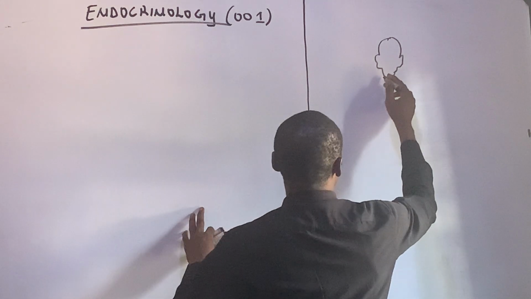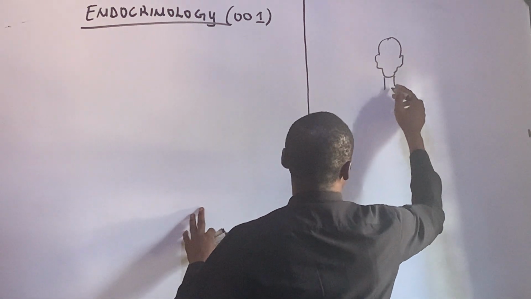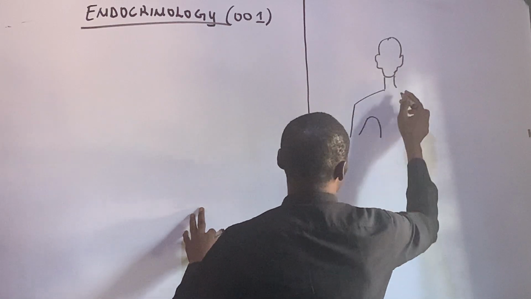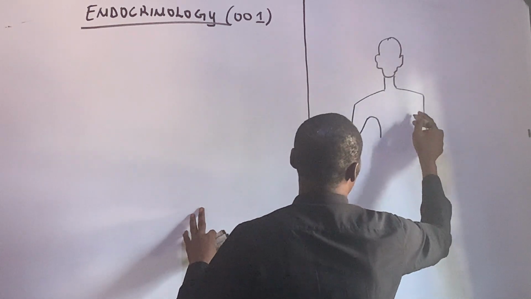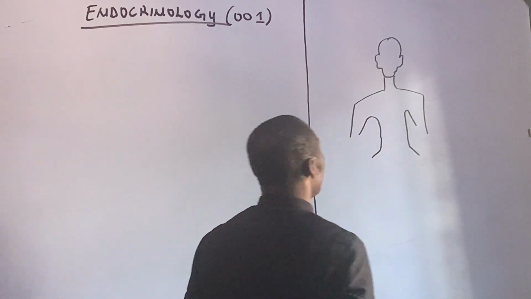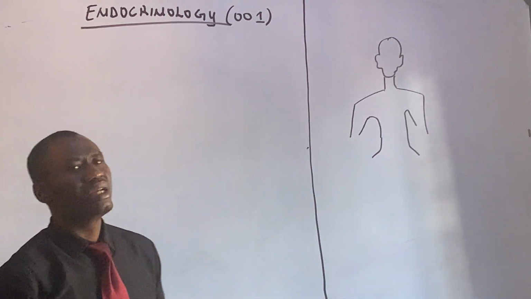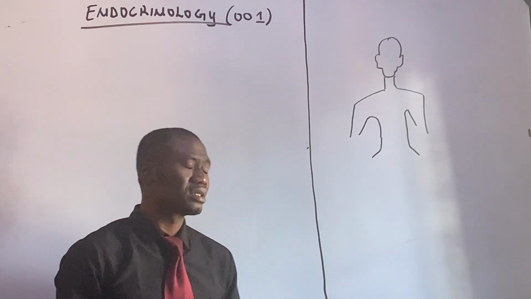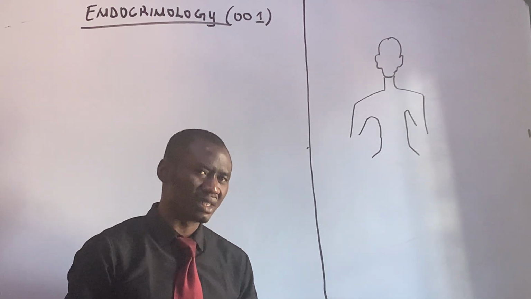Now, this figure has some of those endocrine glands situated at different areas of the body. So, if you have this figure, then we'll talk about the endocrine system. The first thing that comes to mind is, what is an endocrine system?